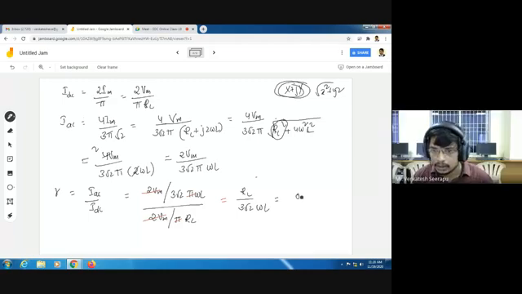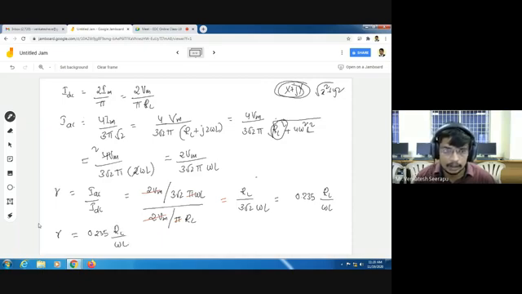So the ripple factor is 0.235 RL by omega L. This is the ripple factor equation for a full wave rectifier with a series inductor filter.